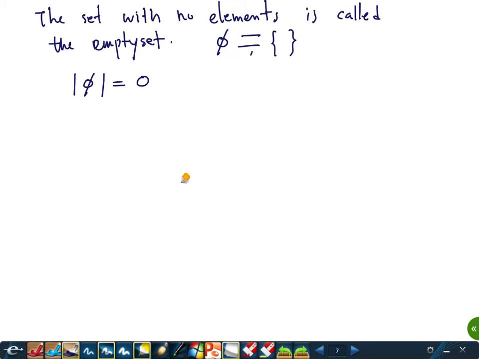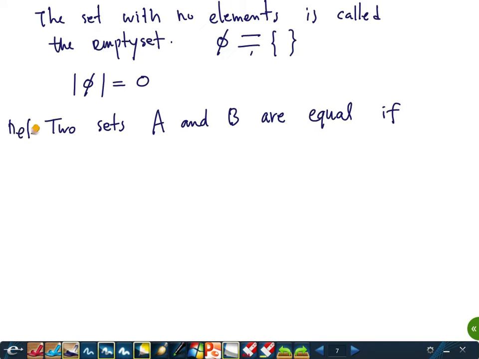Okay, and then we say that 2 sets are equal. 2 sets A and B are equal. What does that mean? This is the definition. When do you think that 2 sets are equal? Actually, I already mentioned.